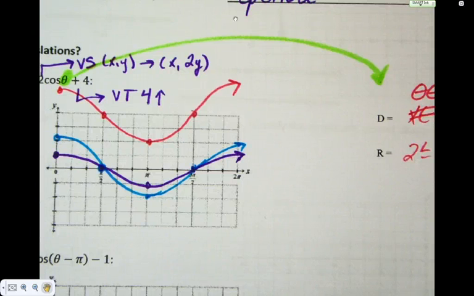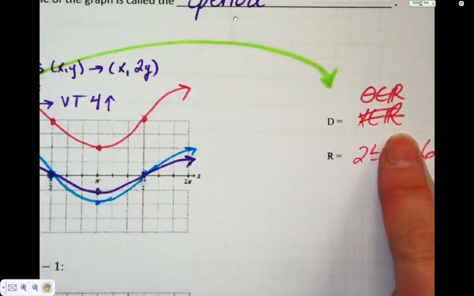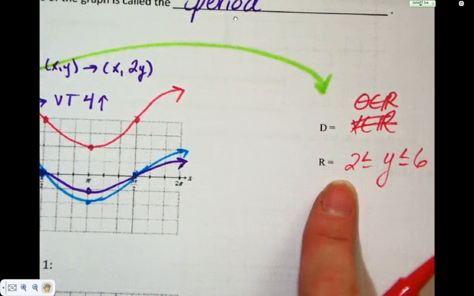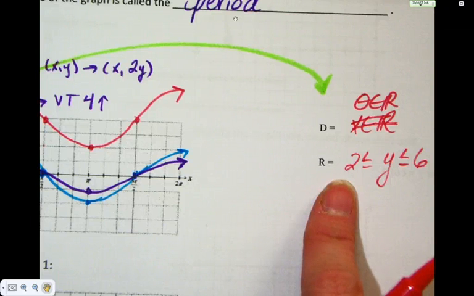Doesn't matter if you did the other notation. Yeah, theta. Again, if you use negative infinity to infinity, it shouldn't change. Just give me the range in the other notation. Bracket, 2 comma 6, and bracket.